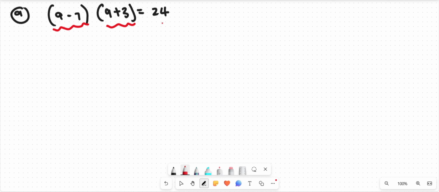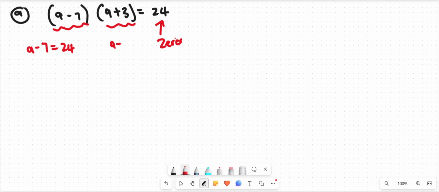So it works, but only if this guy is a 0. If that guy is not a 0, you can't just say a minus 7 is equal to 24 and then a plus 3 is equal to 24 and solve for those. It does not work. This will be totally incorrect.